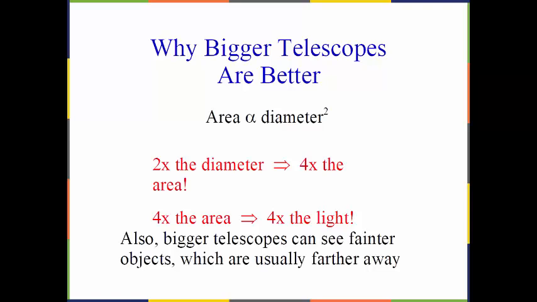So 2 times the diameter, 4 times the area. 4 times the area, 4 times more light. So each time we double the diameter of the mirror or lens, we get 4 times the amount of light. We'll also see that bigger telescopes can see fainter objects, which are usually farther away.